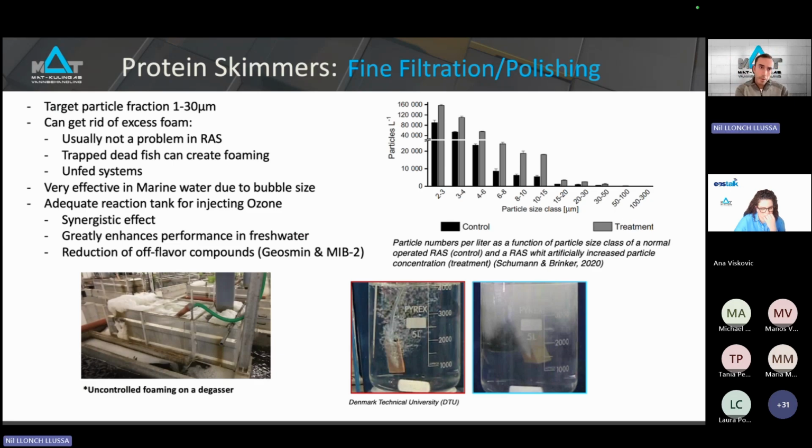So why use skimmers? As I was mentioning, to target the particle fraction between 1 and 30 microns. Let me first point out this graphic here on the right. This is a study that checked the particle concentration of different sizes in a control, a normal RAS system with a drum filter, and a treatment, also a normal RAS with a drum filter, but spiked with an additional amount of particle concentration.